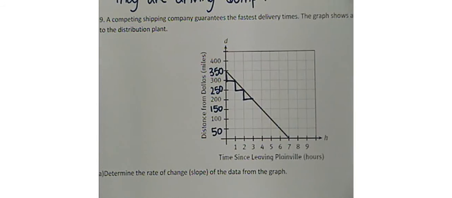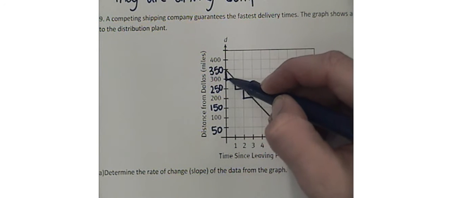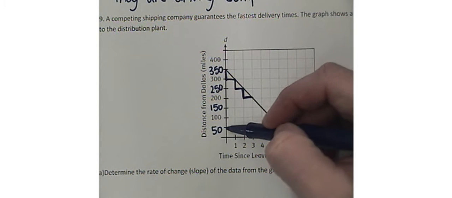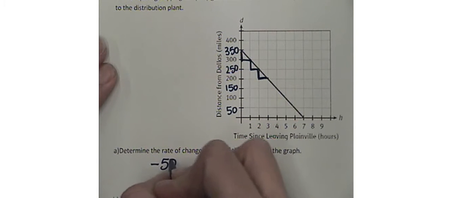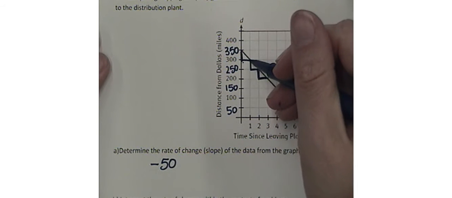So when we were first looking at graphs and slopes and rise over runs, a lot of the examples in the book and on the homework were down 1 over 1, down 1 over 1. But now when we're talking about story problems, each box is worth a whole lot more. So each box here is worth 50, right? So I'm going down 50 numbers, or down 50 miles, over from 0 to 1, that's 1.